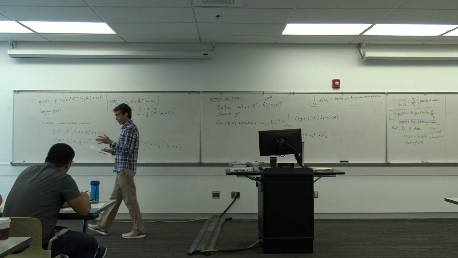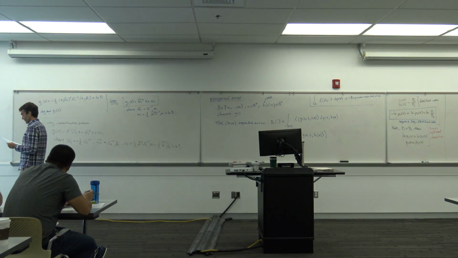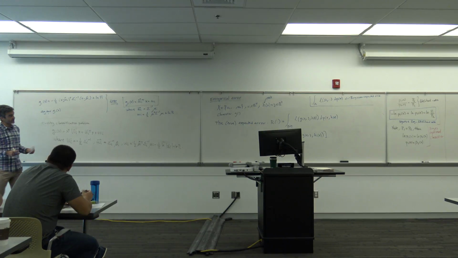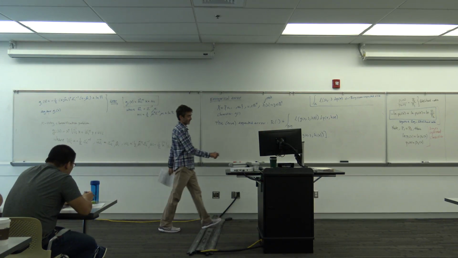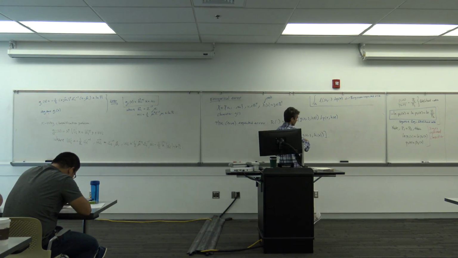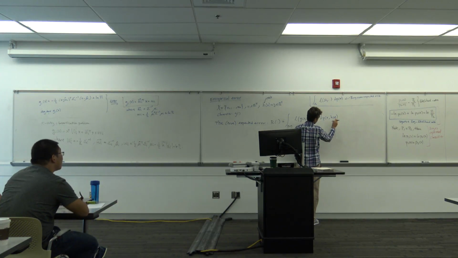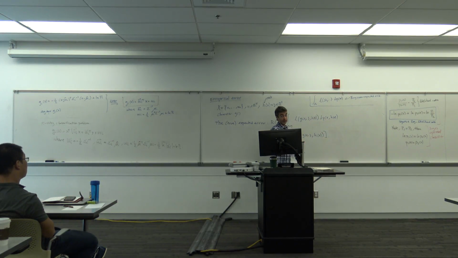Now, again, P of x,y is the underlying true probability distribution, this one that I have drawn here. This is the true, unknown, obviously, probability distribution function.